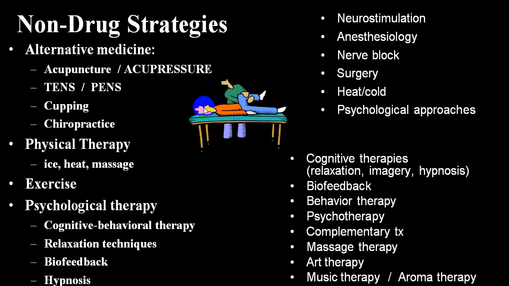So there are a lot of techniques like acupressure, acupuncture, TENS, PENS, chiropractic, cupping, ice, heat, massage, exercise, cognitive behavior therapy, relaxation therapy, biofeedback, hypnosis, neurostimulation, anesthesia, nerve block, surgical intervention, heat and cold, psychological treatment, behavior therapy, art therapy.